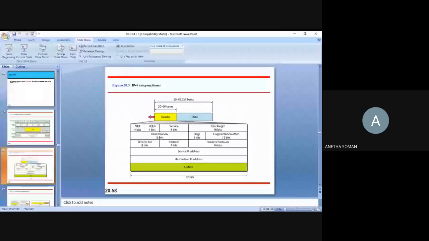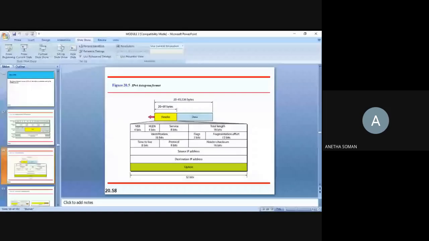Okay. So the field I was telling about is the time to live field. I want to ensure that the datagram is not circulating in the network forever.